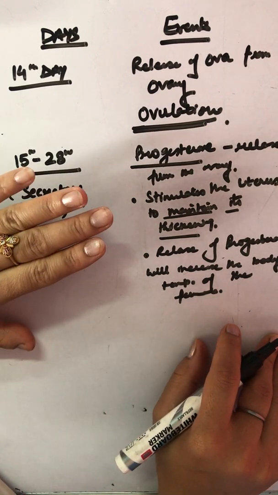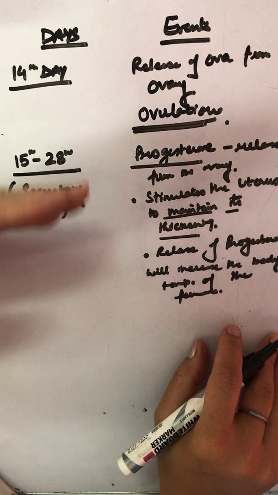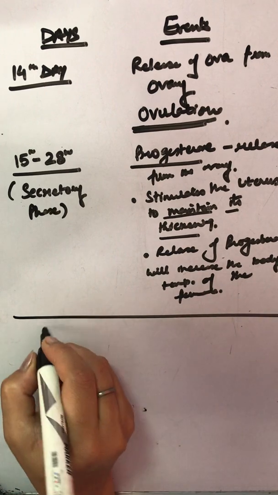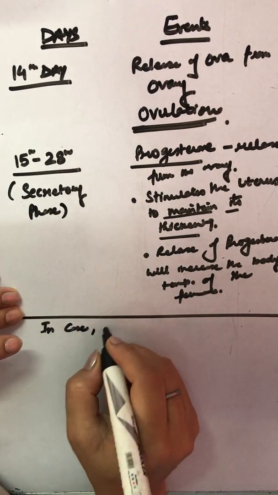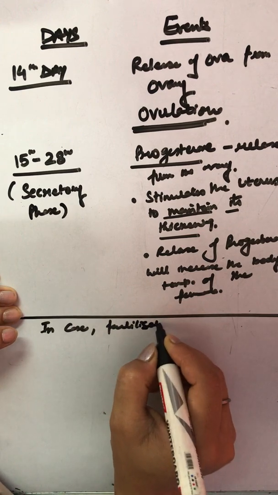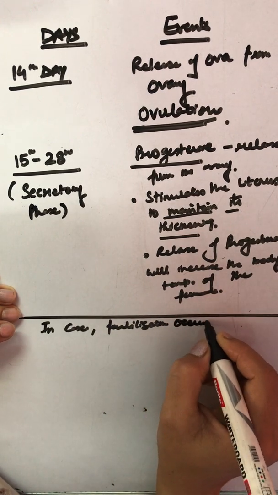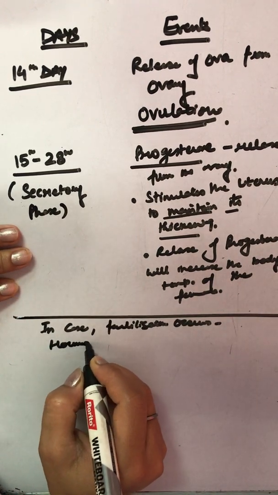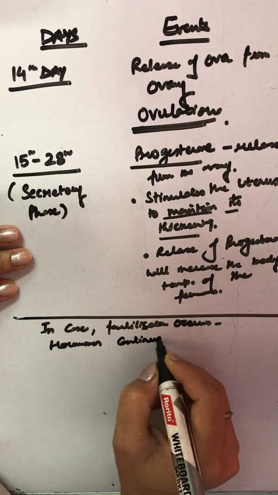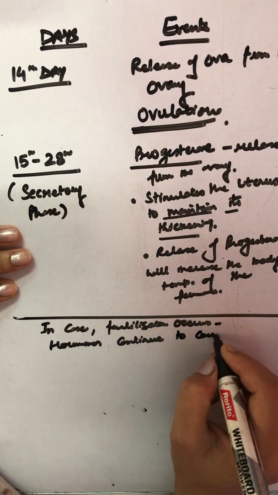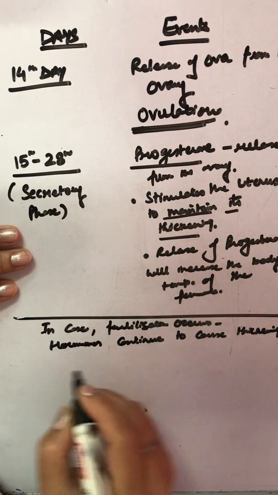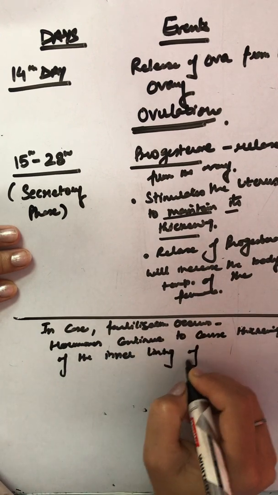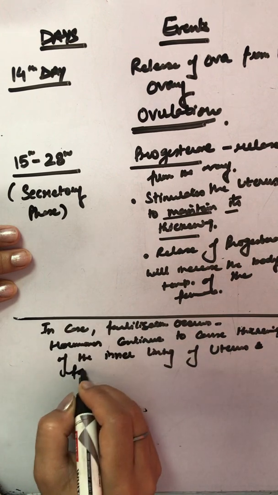And if no fertilization occurs, then menstruation starts, making the beginning of the next cycle. So I'm writing both the points here, that in case fertilization occurs, where? In the fallopian tube, then hormones continue to cause thickening of the inner lining of the uterus and fallopian tube.